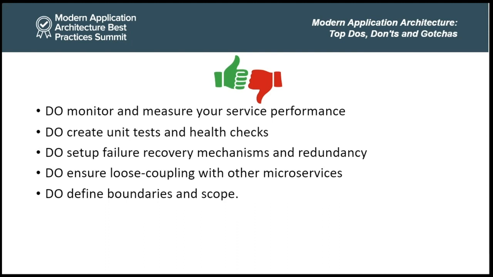So now we introduce network latency. One service talking to the other, they may not be in the same computer, they may not even be in the same data center for that matter. So that introduces potential network issues and connectivity. So measuring those as part of your DevOps practice is always a good thing.